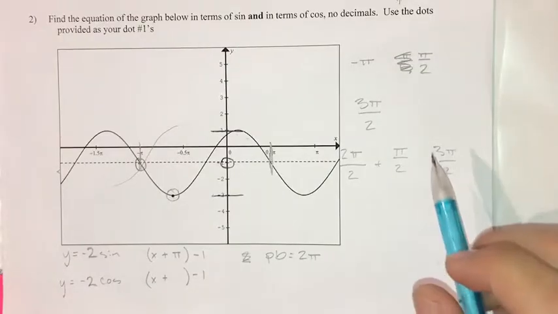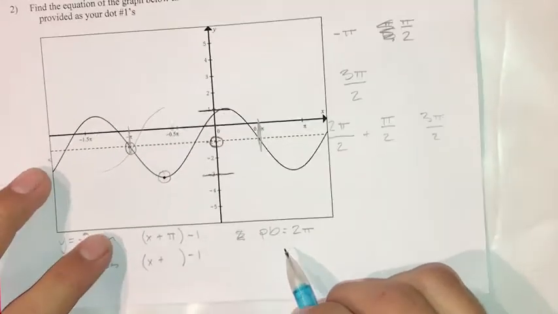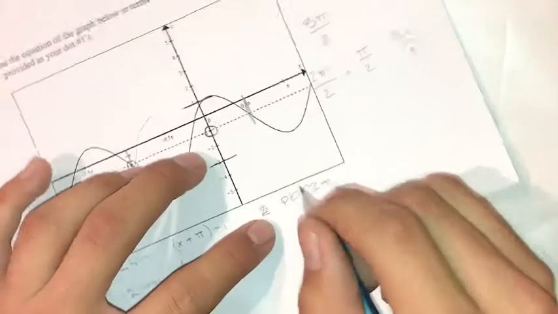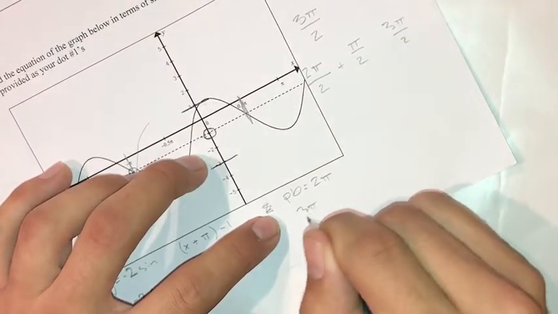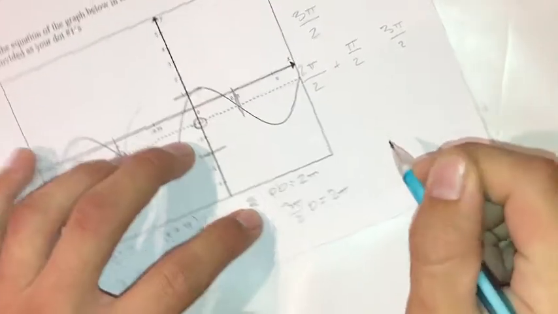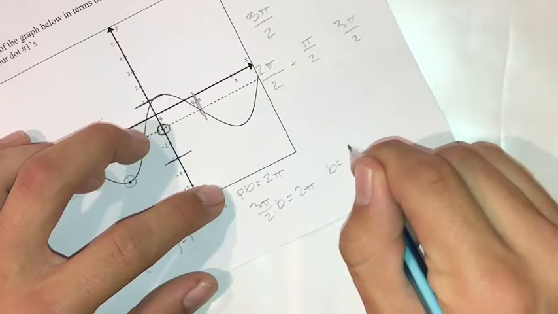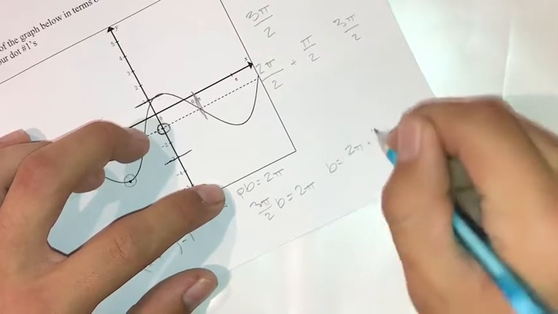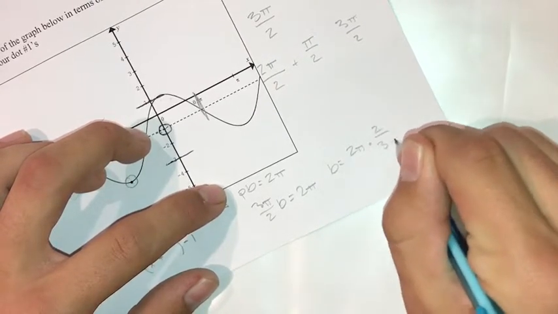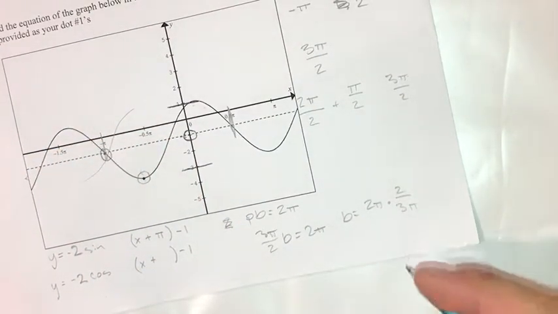So then what we do next is we simply plug this 3 pi over 2 into the equation we wrote down here, PB equals 2 pi. So we'll have 3 pi over 2 b equals 2 pi, and then you just divide. So you'll have 2 pi times 2 over 3 pi, because when you're dividing fractions, as you know, you just flip it and multiply.